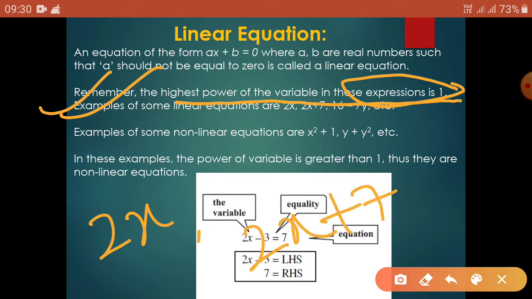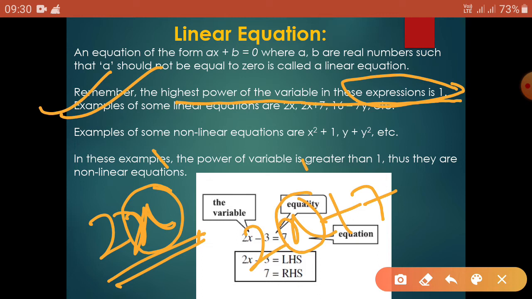The power of the variable is 1. So when in any equation the highest power of the variable is 1, then this expression is known as the linear equation. Here the variable is x and its power is 1.